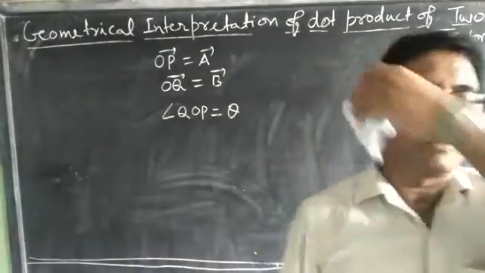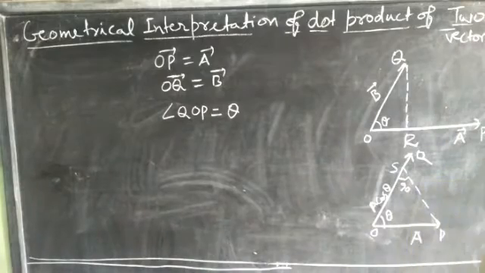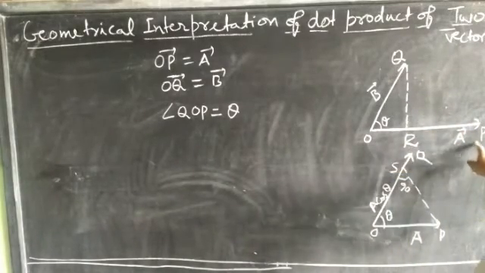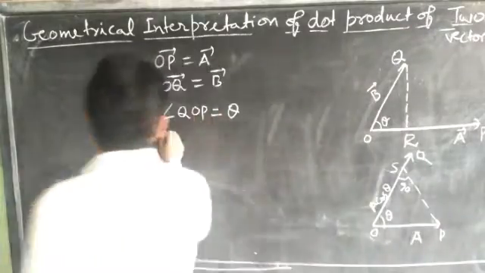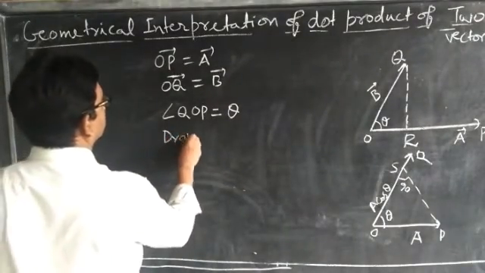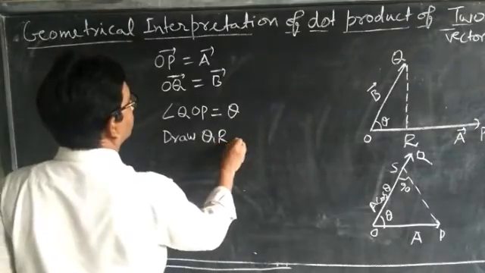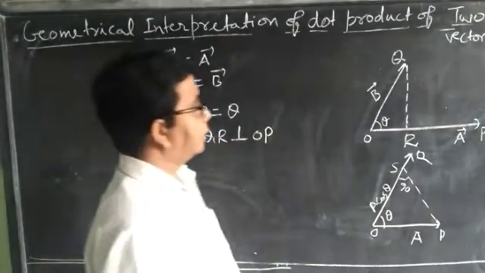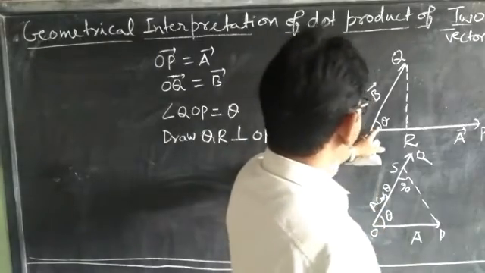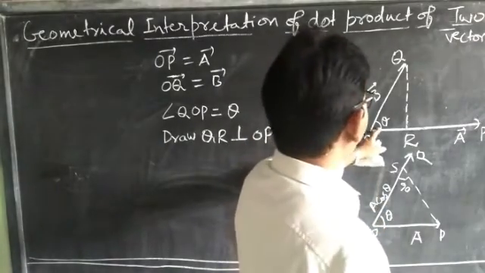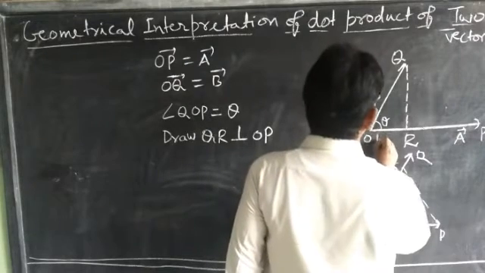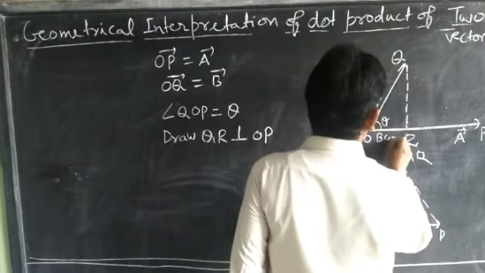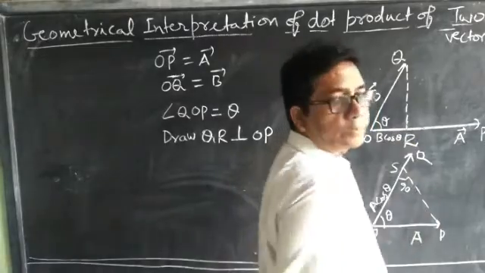Now draw QR perpendicular to OP. Its horizontal component, we have already told you, is B cos theta. Horizontal component is B cos theta.